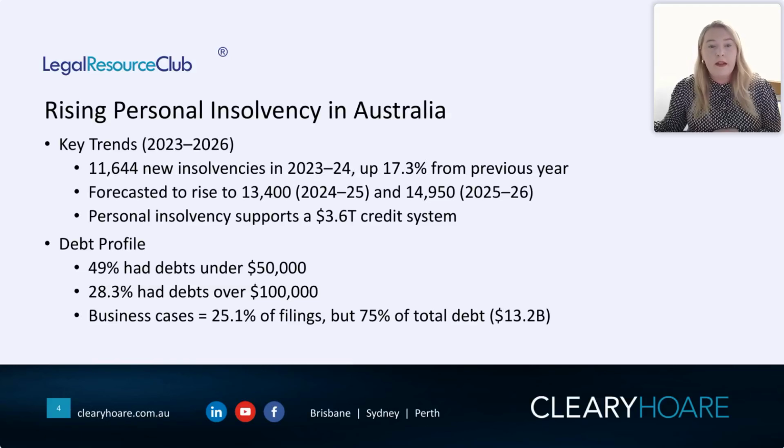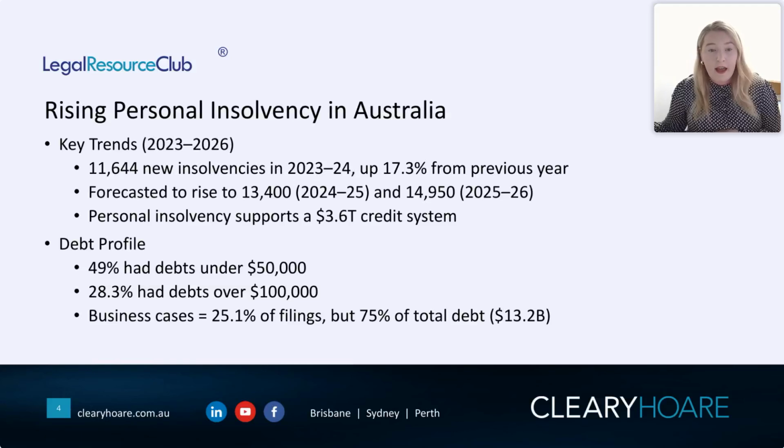They have reported that there were 11,644 new personal insolvencies, so bankruptcies, in the 2024 financial year, which is up just over 17% from the previous year. They forecast that this rise in bankruptcies will continue over the next 2 financial years.